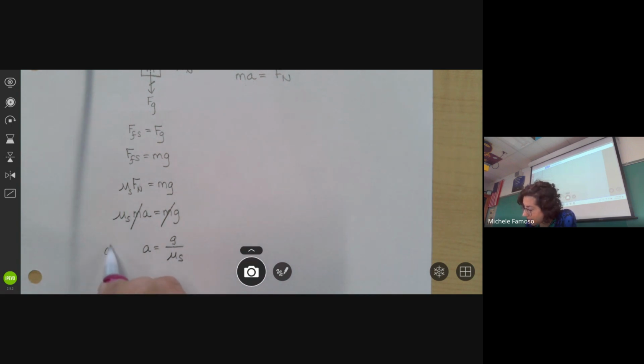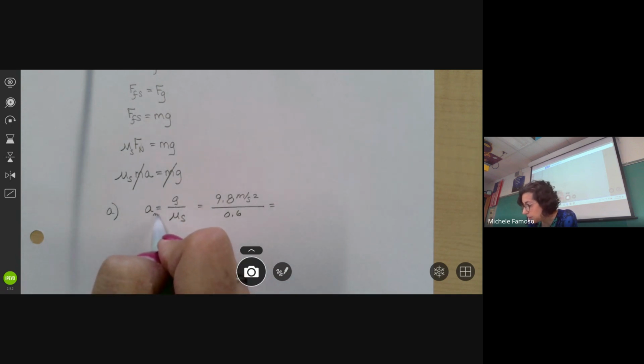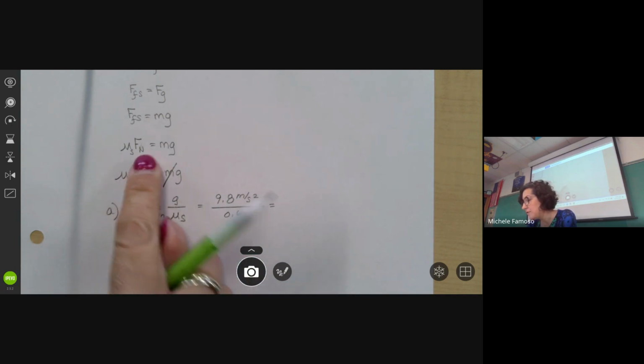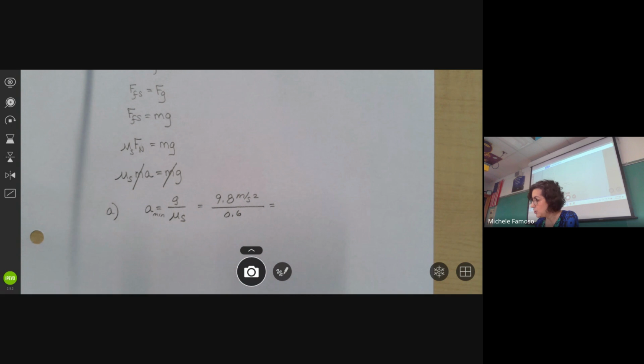So in part A, that would be 9.8 meters per second squared divided by the coefficient of static friction, which was given as 0.6. So this is going to give me the minimum, because if I have the maximum force, that would give me the minimum acceleration to make that happen.